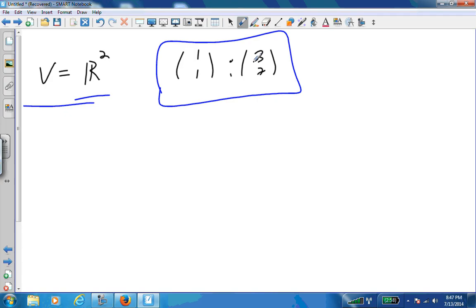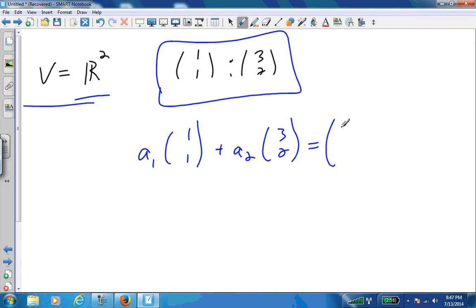In order for these two vectors to span R2, if we take a combination, let's say A1 times the first one plus A2 times the second one, we must be able to get any vector in R2. If we can't get any vector, then these two do not span R2.